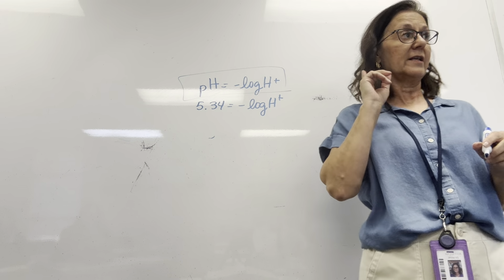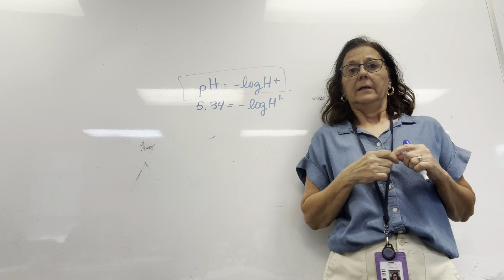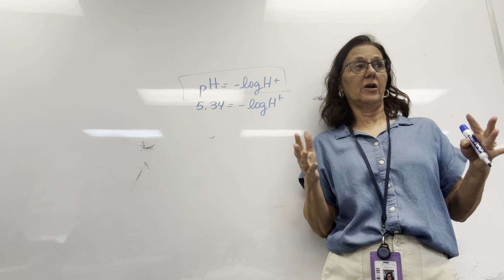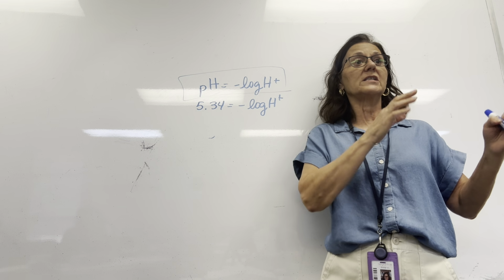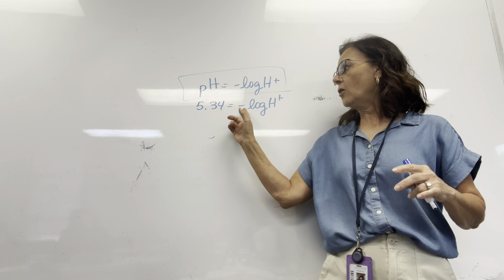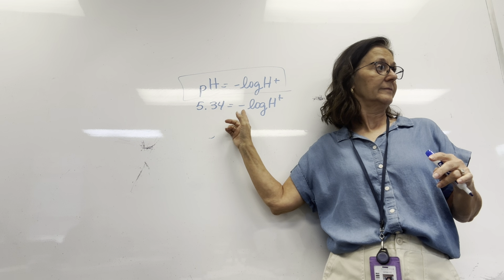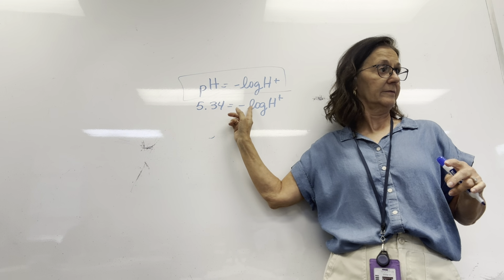The pH equals the negative of the log of H positive. Now this goes back to what we've already learned, being able to go between logs and exponents. But I don't like this negative out front. So I'm going to move the negative here and make that positive.